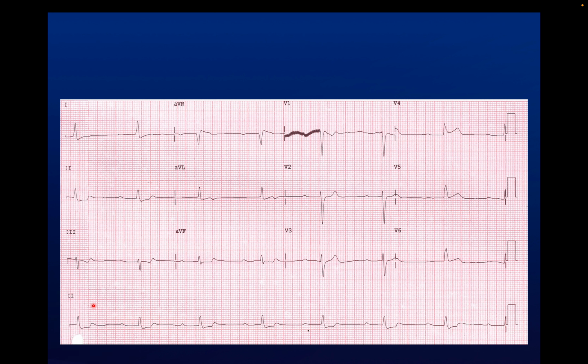This is a physiological phenomenon, and unlike the previous case, does not require any kind of pacing. We need to observe this patient mainly because the conducted QRS is wide, and we want to see if there is further worsening over a period of time.